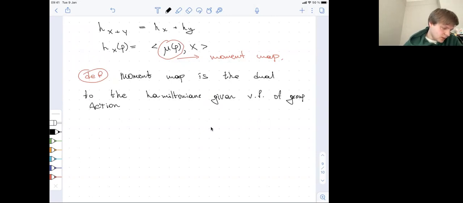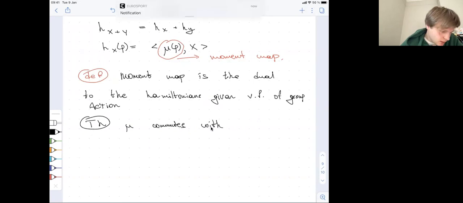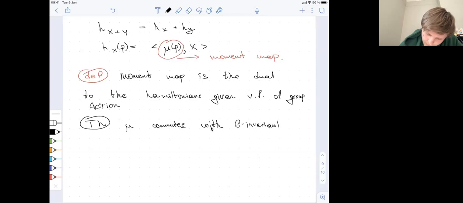And what you can prove, I think this is a theorem, not a very complicated theorem, is that mu commutes with G-invariant functions.